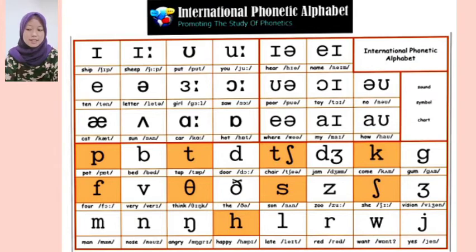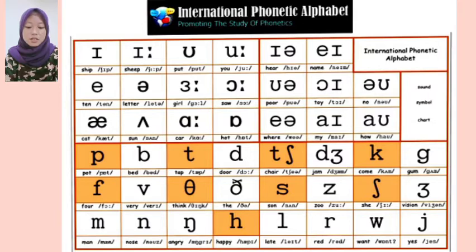Okay, now let's read this chart with me. The first one is ee. The example is sheep. The second one is i. The example is sit. The third sound is u. The example is put.